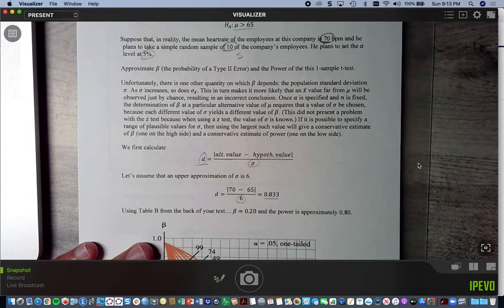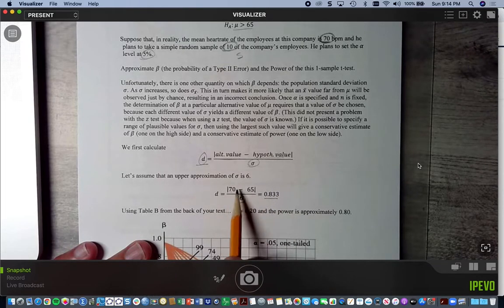Now what we'd like to be able to do is calculate the probability of making a type 2 error, and then from there find out the power of the test. So let's think about this first. The bigger this number is, the further these two numbers are going to be apart, which means that the power is going to be higher when this number is higher. And if the power is higher, that means the probability of a type 2 error is lower.